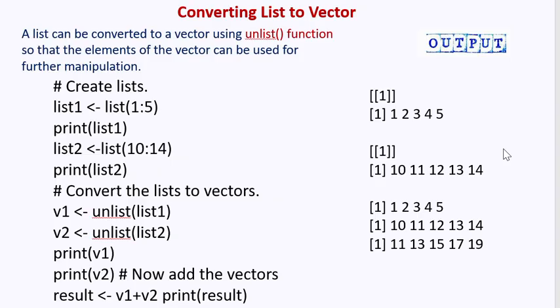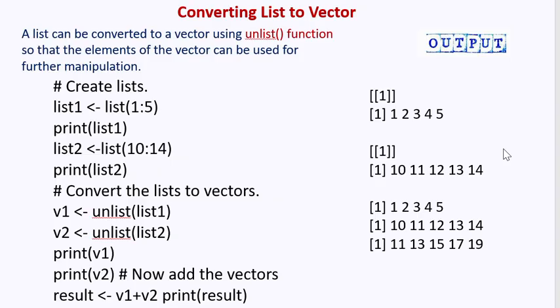And for easy reference, we print the values of V1 and V2. You can see the output here. V1 holds 1, 2, 3, 4, 5 and V2 holds 10, 11, 12, 13, 14. Now we are going to add these two vectors by simply mentioning the expression V1 plus V2, and the result is stored in the result variable. Finally, we printed the result.